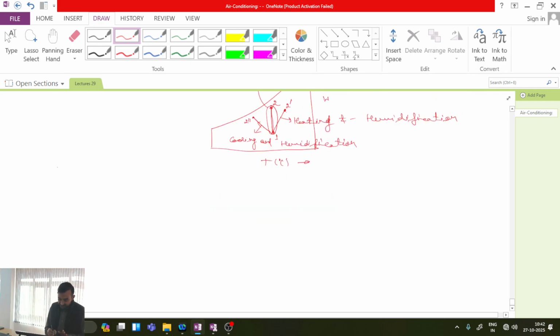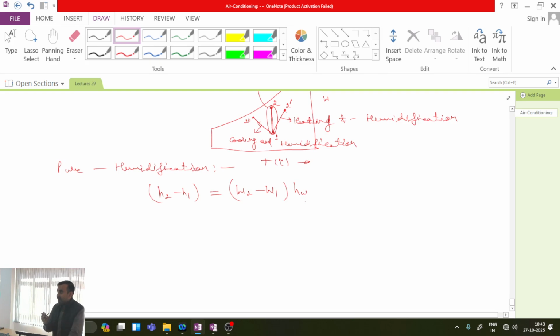So now let's understand this point again from a mathematical perspective. For pure humidification, one necessary condition is there. For the pure humidification process, we found one equation: H2 minus H1 equals (W2 minus W1) into HW.